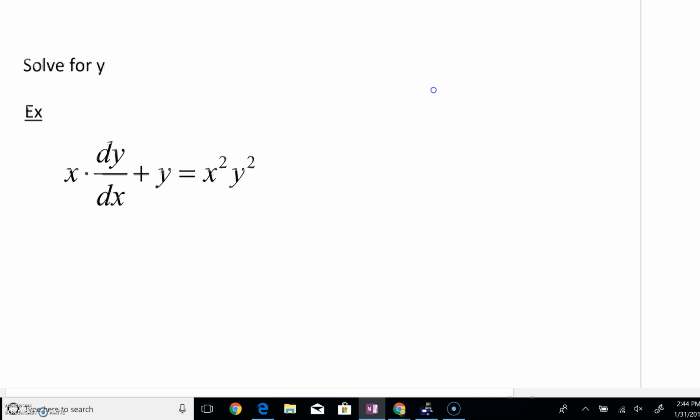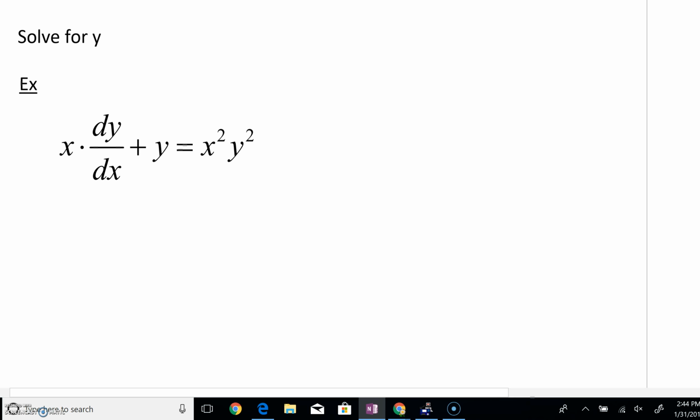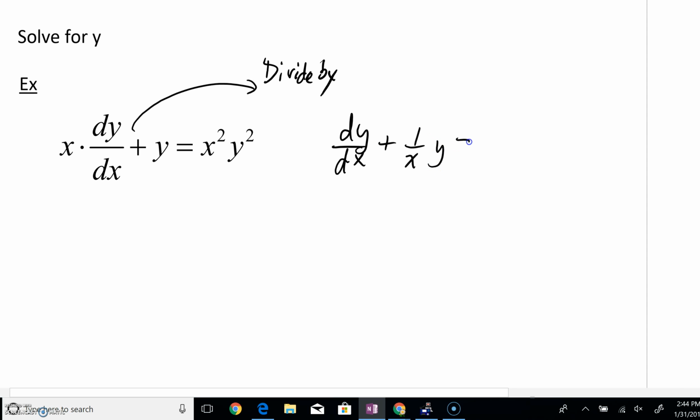So to get us started, let's first divide by x right here, because you don't like seeing something in front of a dy dx. We can even do that mentally. We'll have dy dx plus, now multiplying by 1 over x is the same thing as dividing by x, and the right side, well, we're just going to drop down a power of x.